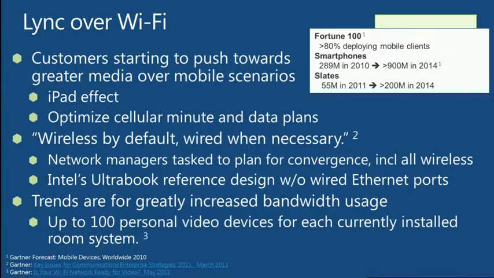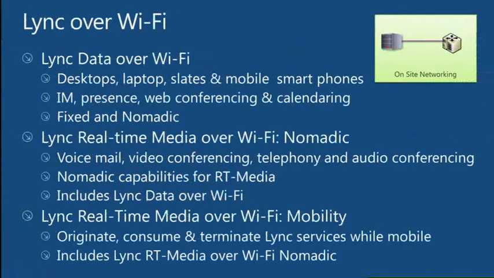We see lots of different trends in the industry, and we effectively break this down into three buckets: raw data over Wi-Fi, real-time media with a stationary laptop, and real-time media where I'm moving around the organization, where my session moves from access point to access point as I move around the building.